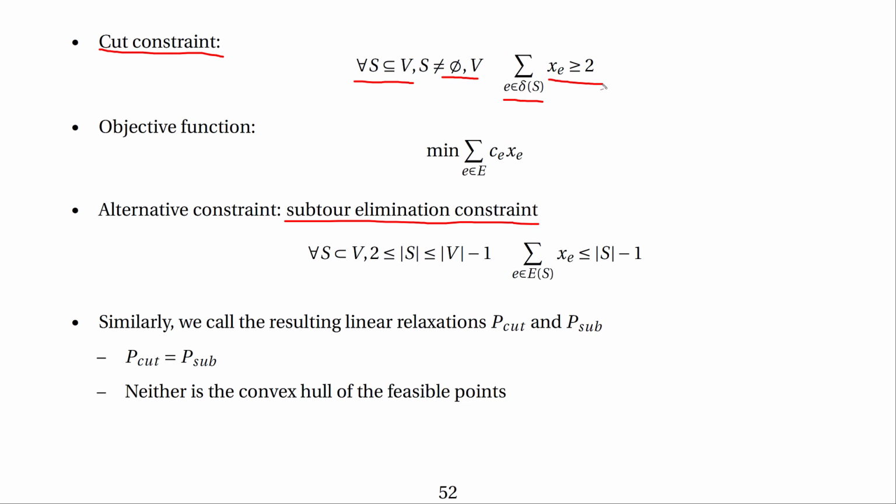This makes sense because any tour in the graph needs to go at least once into the subset and then leave the subset with a second edge. So there need to be at least two edges. However, it's also possible for a tour to go into the subset, go out again, then come back later, and then go out again. But what we can say is that at least two edges need to connect the subset to the outside.